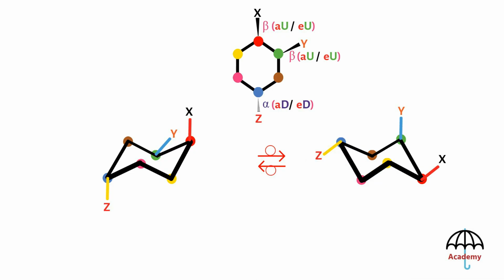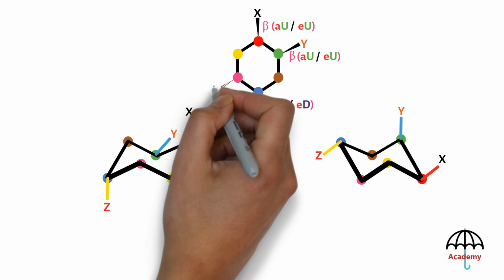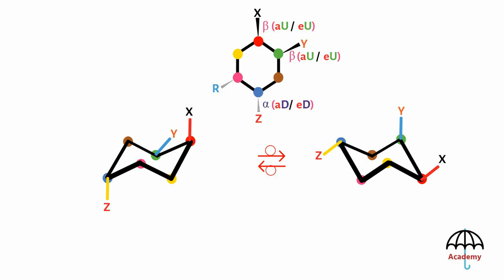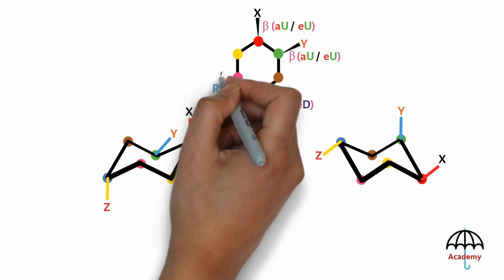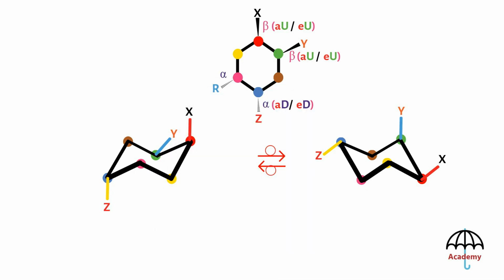In the planar form I attach another substituent, R, on pink carbon as dashes. That means it is alpha, which in the chair form will be either axial down or equatorial down. In the chair form, pink carbon is up carbon and has equatorial position as down. Thus I attach substituent R as equatorial down.